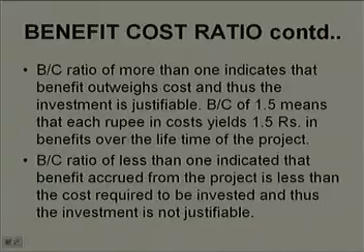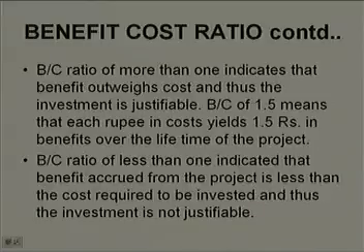Now, what does this B by C ratio indicate? Suppose B by C ratio is greater than 1, let us say it is 1.5. What does this mean? It indicates that every rupee or every dollar that the government is spending is giving a benefit of 1.5 times, or $1.5, to the public.